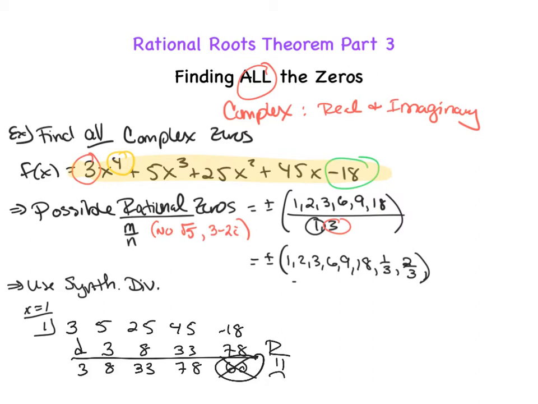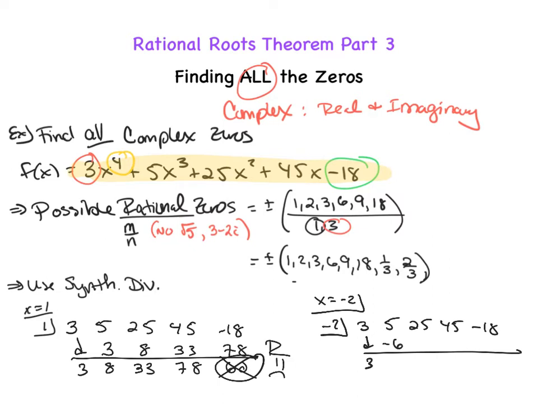If I were a student, I would be checking x equals negative 1 first. But because I am not a student and I have looked ahead at the answer and cheated, I am going to guess x equals negative 2 next. So negative 2 in the box, 3, 5, 25, 45, negative 18. Bring down the 3. Okay, here we go. Negative 2 times 3 is negative 6.